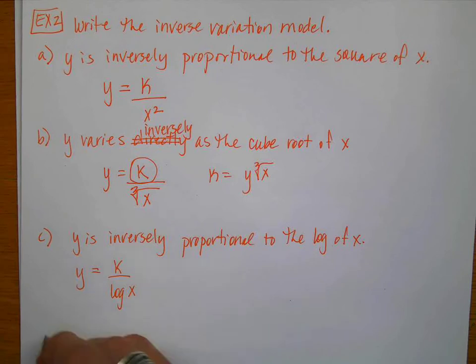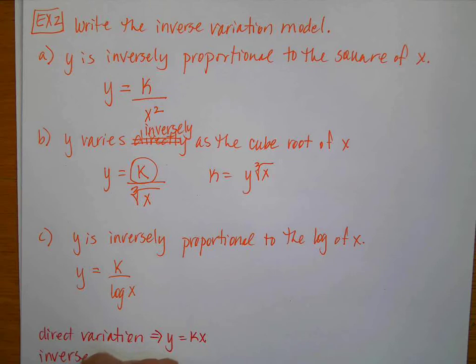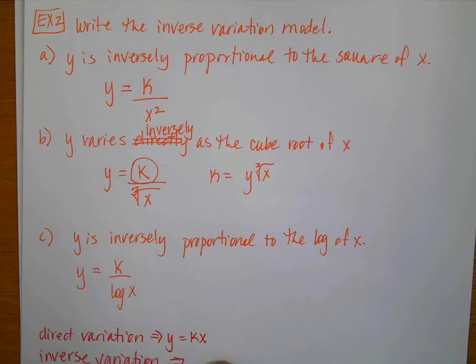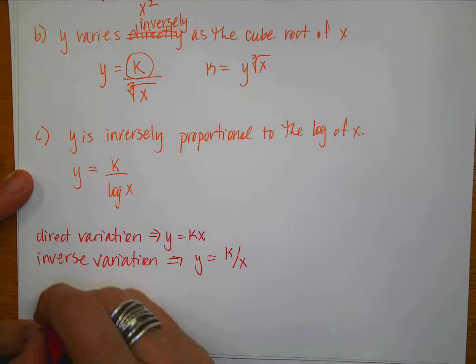So then the next type of variation, so far we have talked about direct variation, and that one was y is equal to kx. Then we talked about inverse. I'll move my paper up in just a sec. Inverse variation, y is equal to k over x.